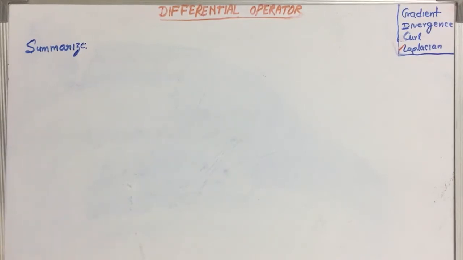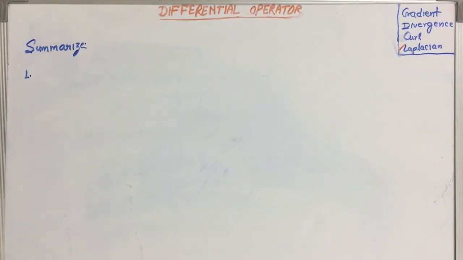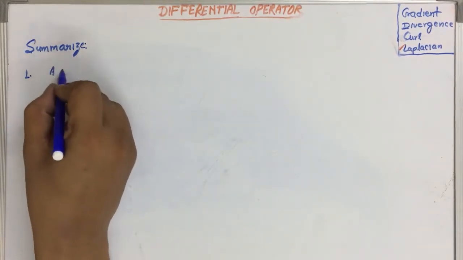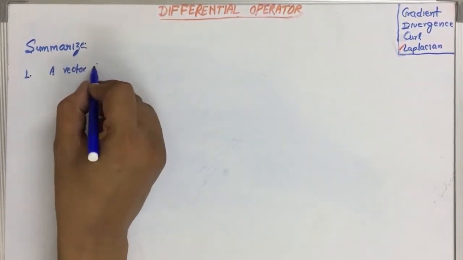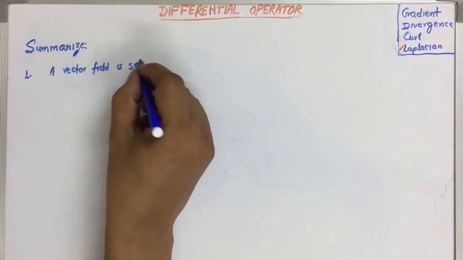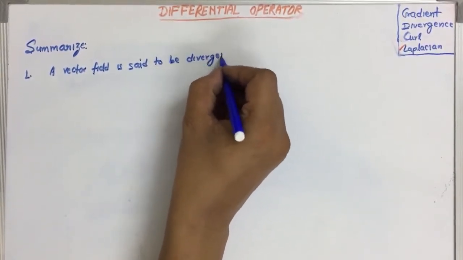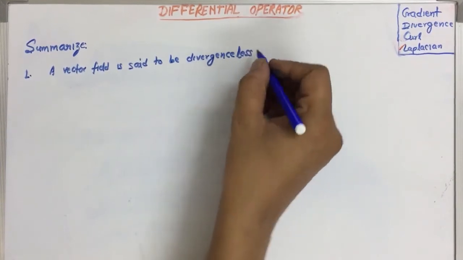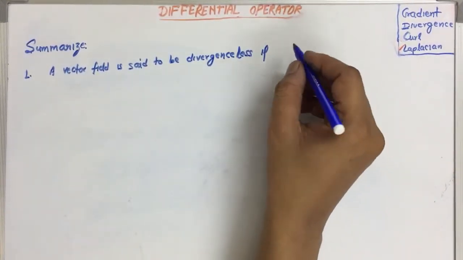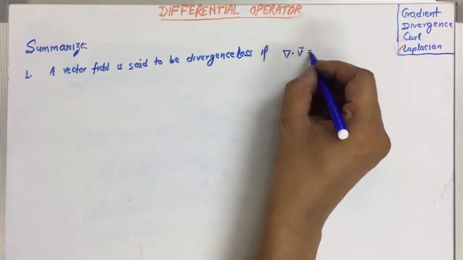The first one is related to the divergence: a vector field is said to be divergence less if the divergence of the field is 0.